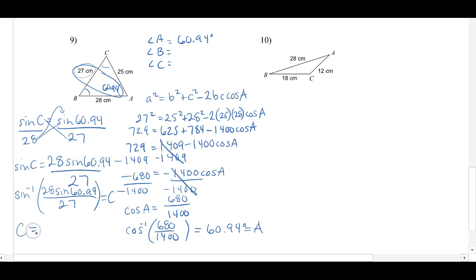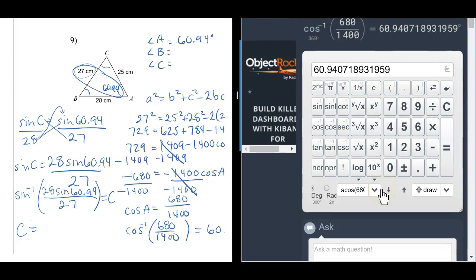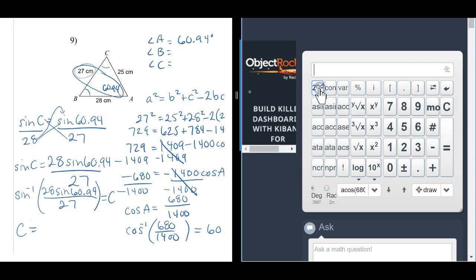Okay, so C, let's punch that in. So it's sine inverse of 28. Let's clear this. Okay, so sine, remember we need to do arc sine on this calculator.